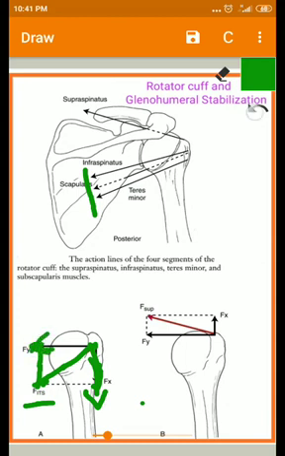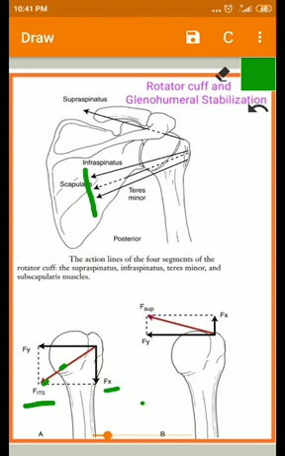If you see these 2 forces, the rotatory component is somewhat larger than the translatory component. So the resultant force ITS causes somewhat greater rotatory force than the inferiorly acting translatory force.